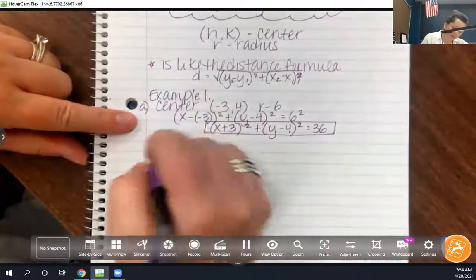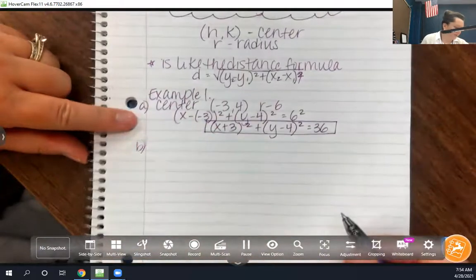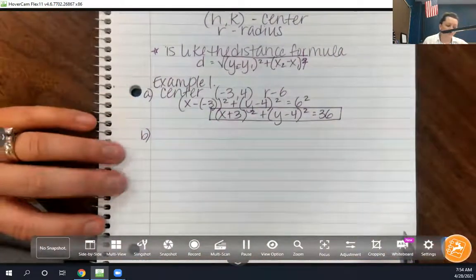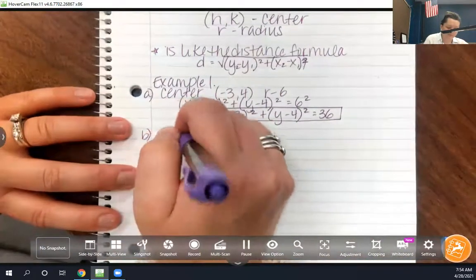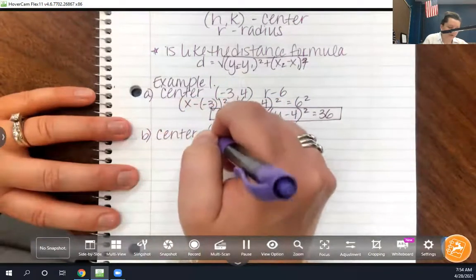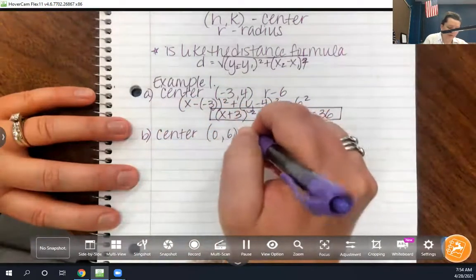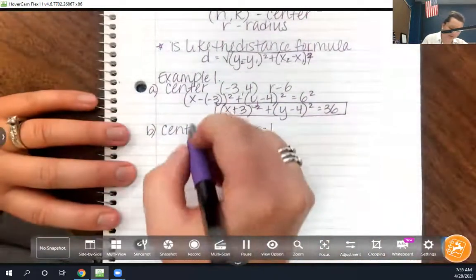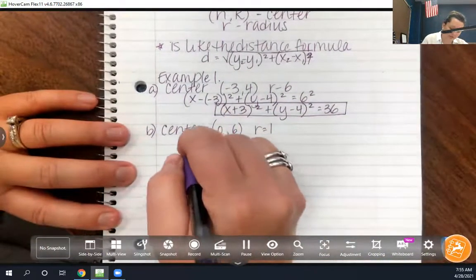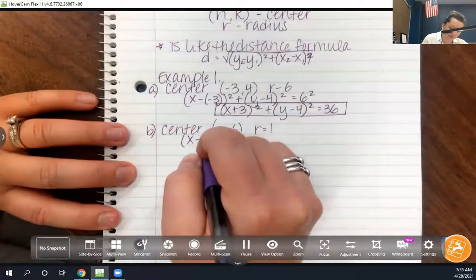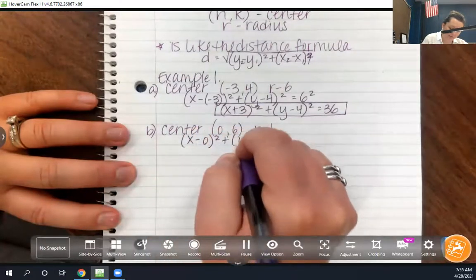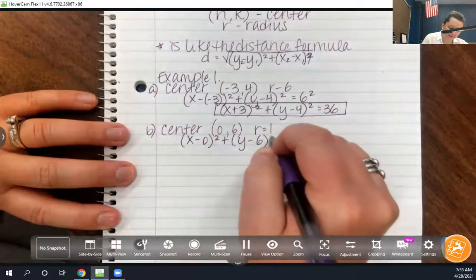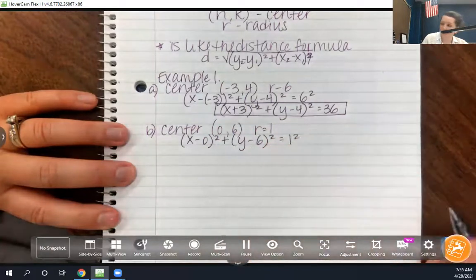All right, let's look at letter B. It says write the equation of a circle in standard form with center at (0, 6) and radius 1. So same kind of thing. Let's plug it into our standard equation. We have (x - 0)^2 + (y - 6)^2 = 1^2.